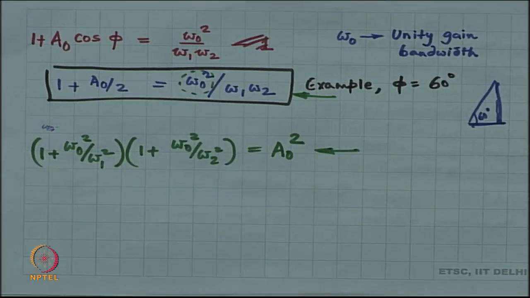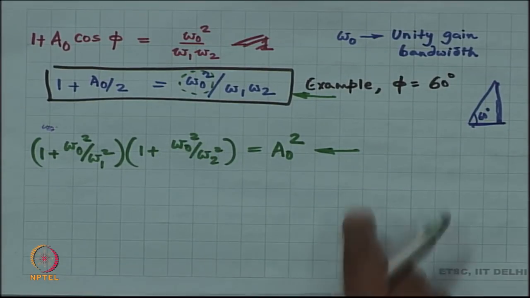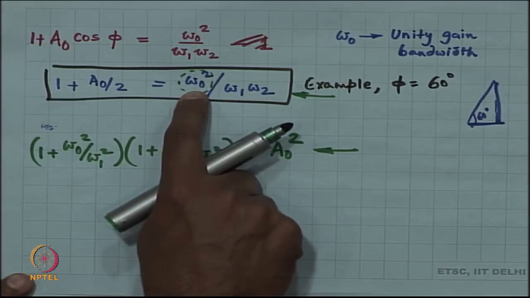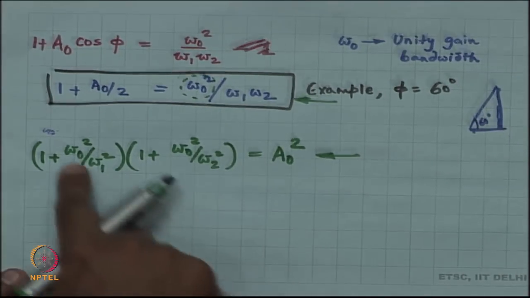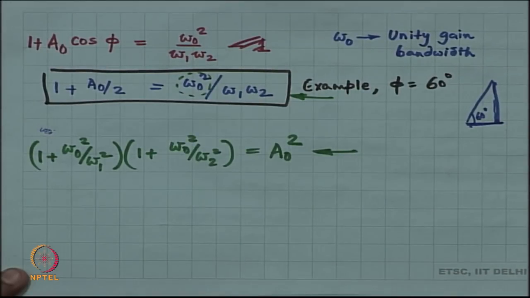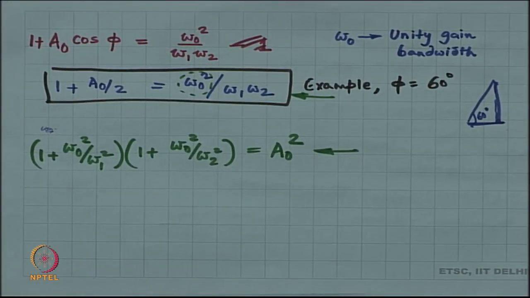We have to eliminate omega naught squared. One way is that you find omega naught squared from this equation and plug it in over here. The other way is you solve this and plug it in over there. Whichever way you do it, you will end up with the same result. Come on, you have to end up with the same result.